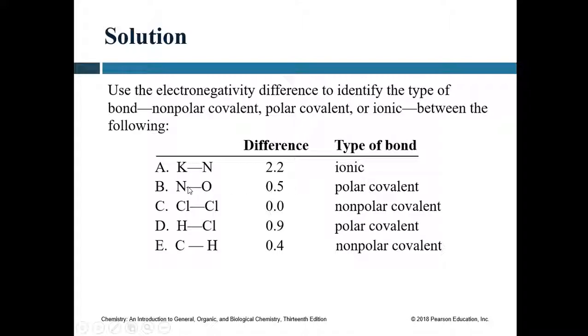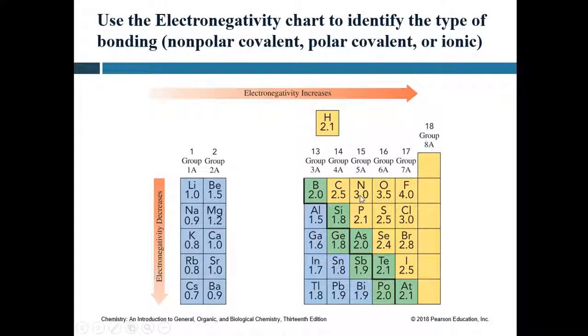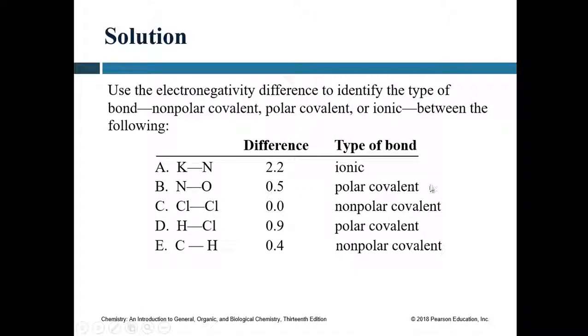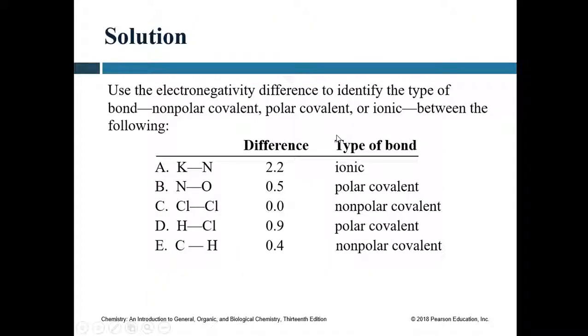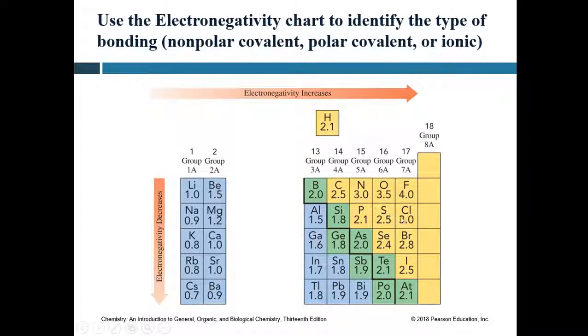Now then, nitrogen is 3.0 and oxygen is 3.5. So 0.5 polar covalent. Yep. Chlorine to chlorine, I don't care what its value is. If it's the same value, that difference is going to be 0. So nonpolar covalent. Hydrogen is 2.1 and chlorine is 3.0.